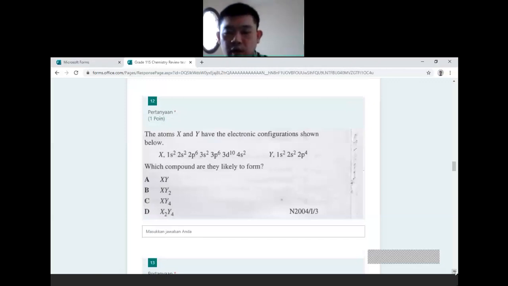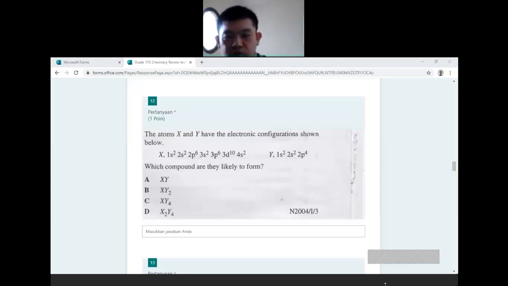Next, number 12. The atoms X and Y have the atomic configurations shown below. X is in group 2 and Y is in group 6. X is a metal element, and Y is a non-metal.